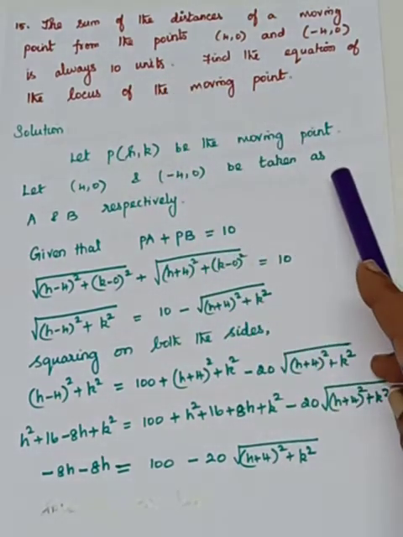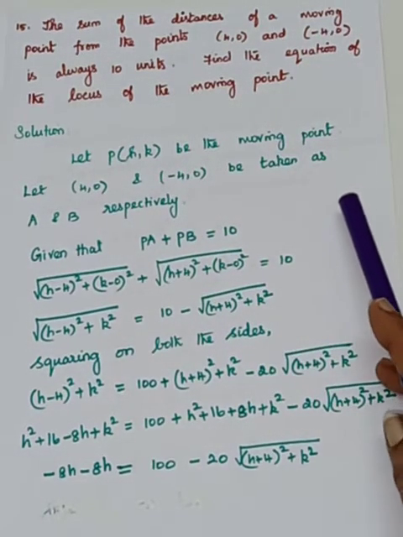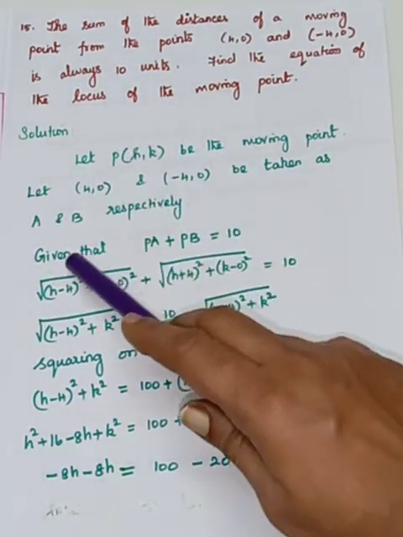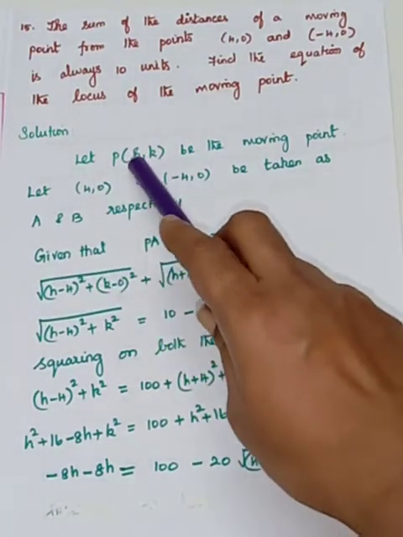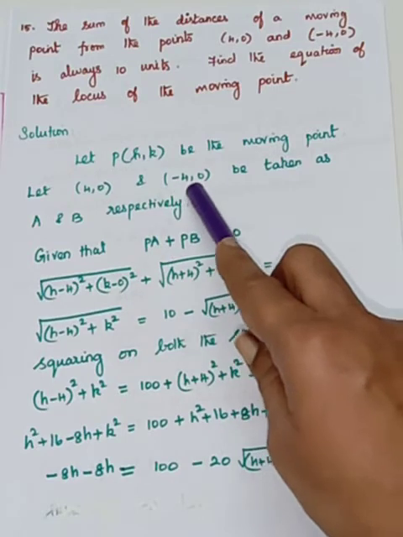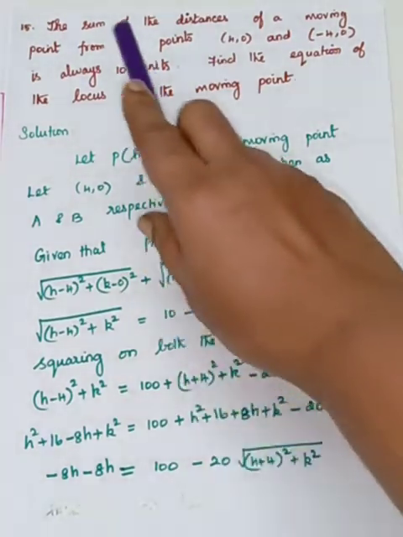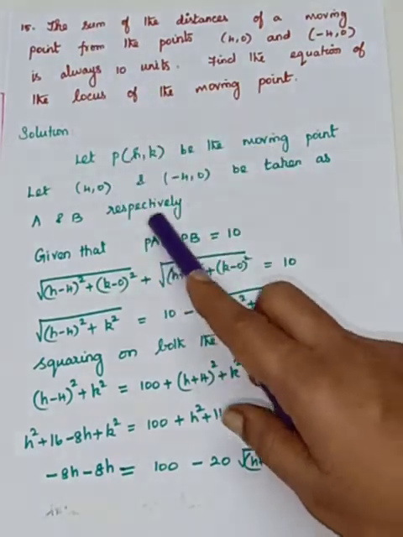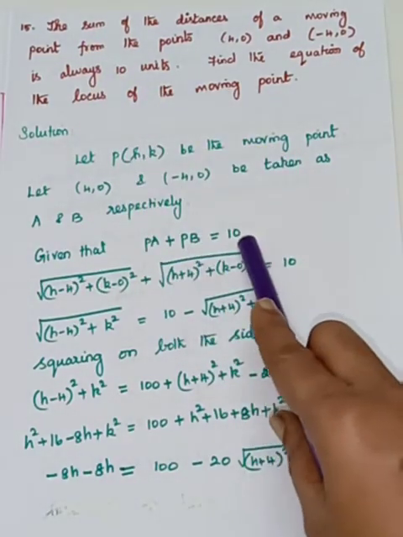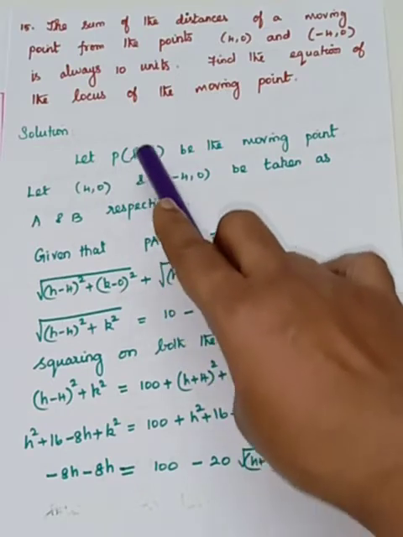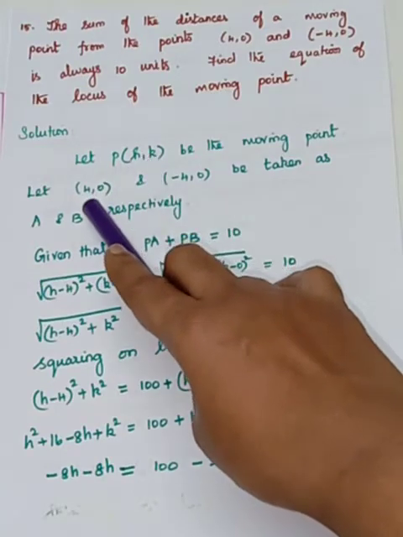So what are the distances? P point to A point distance, that is PA. And the next distance from P point to the point B, so that is PB. Both the distances have to be added because it is given sum. So PA plus PB is equal to 10. So PA, P point is H comma K, A is 4 comma 0.